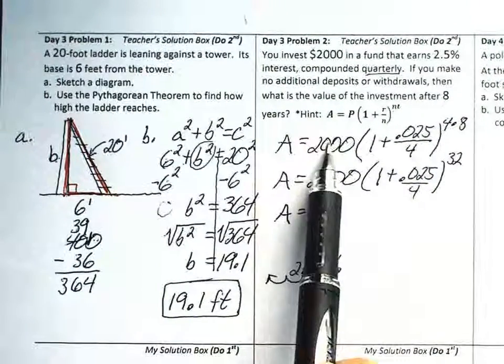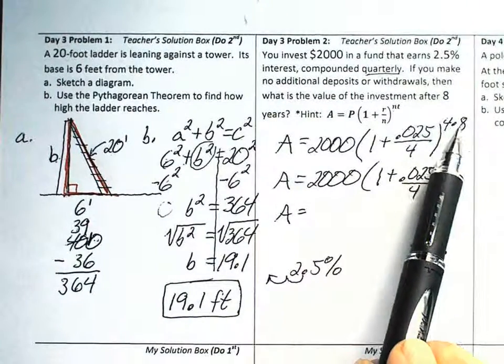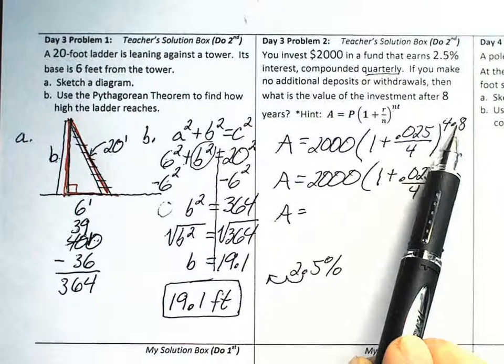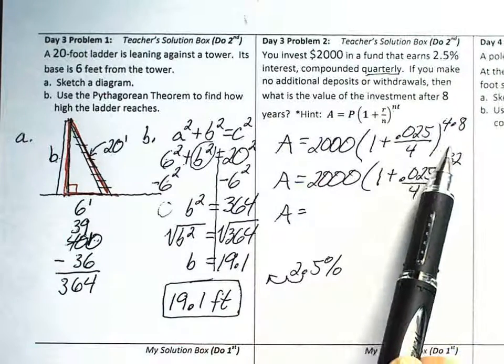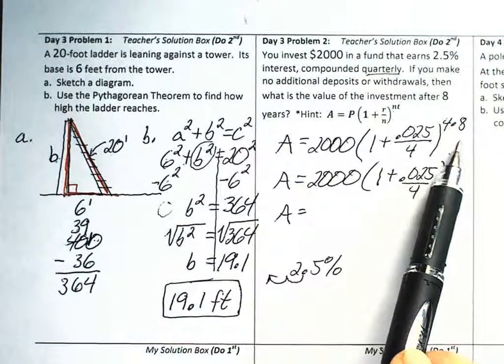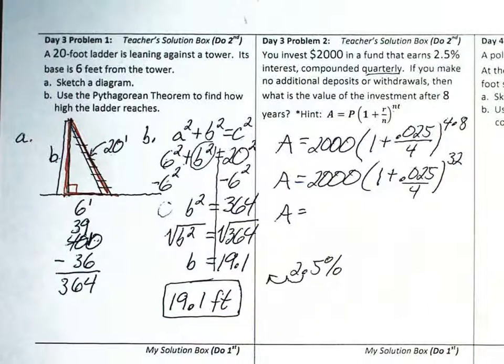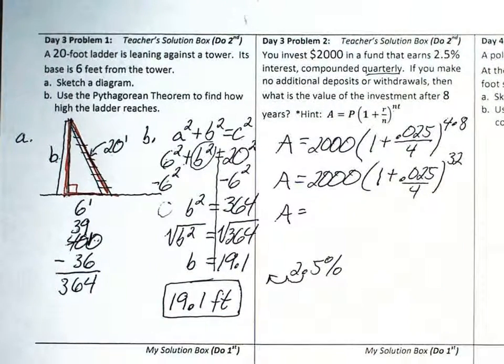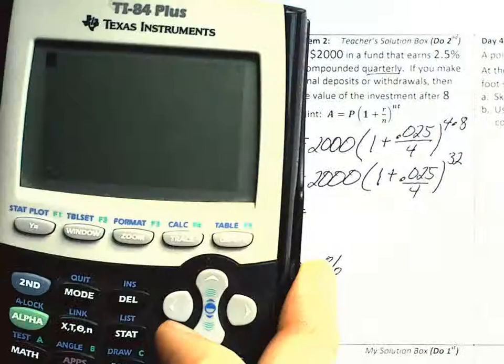Sometimes students who try to type in an exponent like this will not put the times 8 with the 4 up in the exponent. They might accidentally hop down to the main line of the problem and put the times 8 down there, which would make the wrong answer. So something as simple as going 4 times 8 in your head and knowing that that's 32 can make it easier to type. So let's type this in and see what it makes.